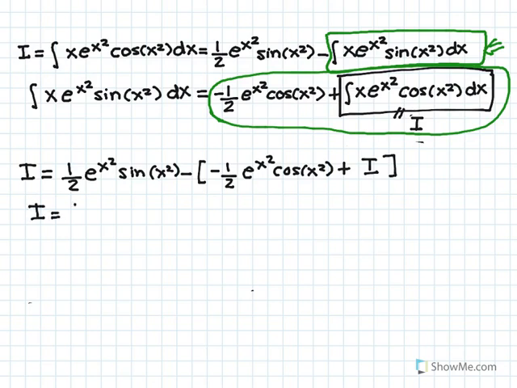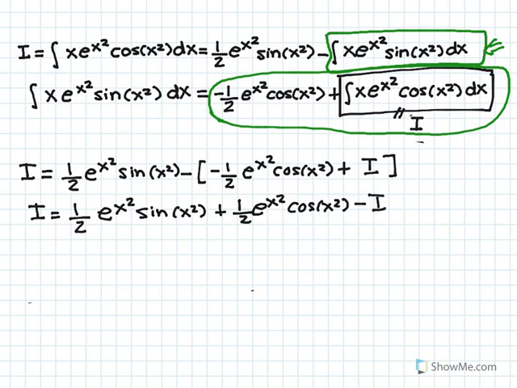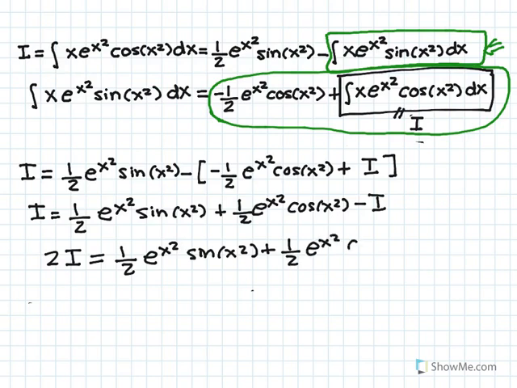We get I is equal to 1/2 e to the x squared sine of x squared plus 1/2 e to the x squared cosine of x squared minus I. Now bring I over to the other side and we get 2I is equal to 1/2 e to the x squared sine of x squared plus 1/2 e to the x squared times cosine of x squared.